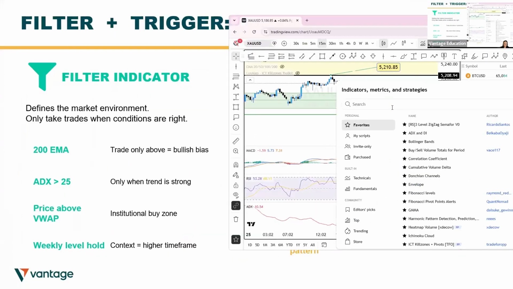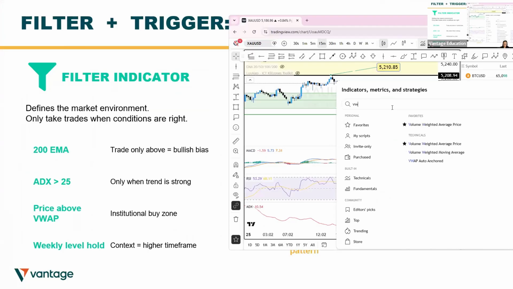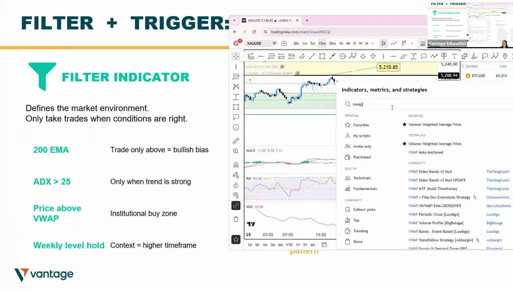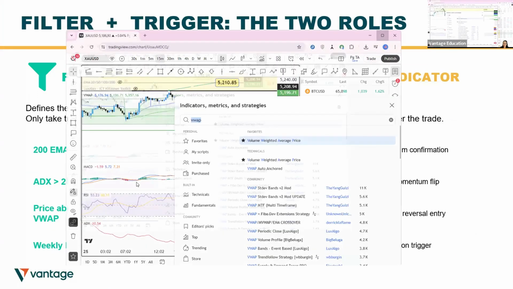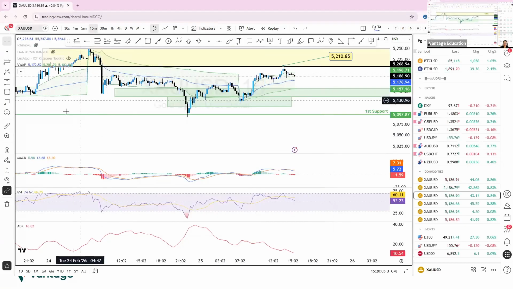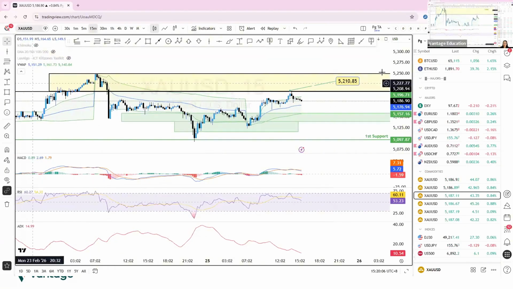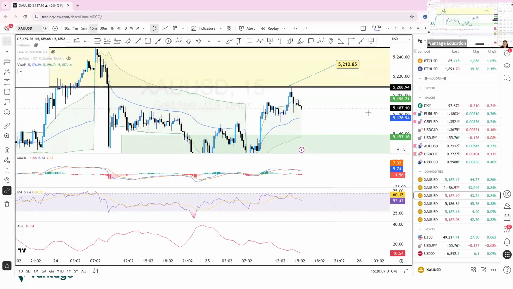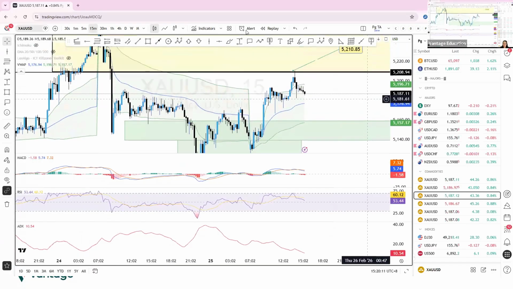Okay, and then VWAP, volume weighted average price. Have you guys used this one? It looks like this. I personally have heard about this, but I don't use it. Okay, I don't use this one.